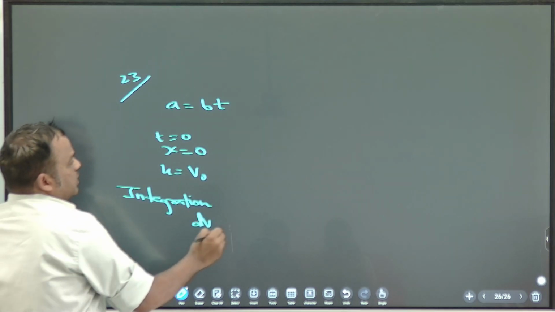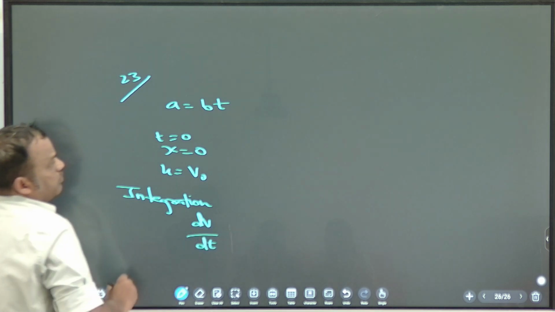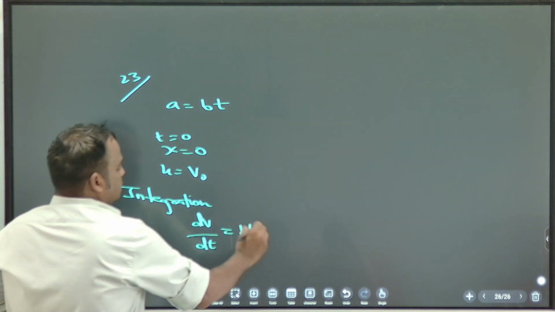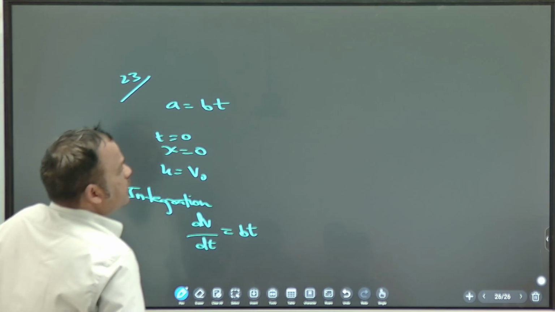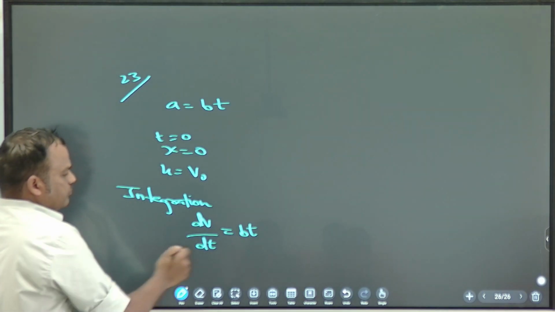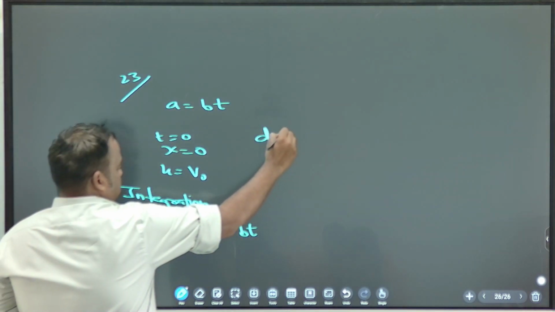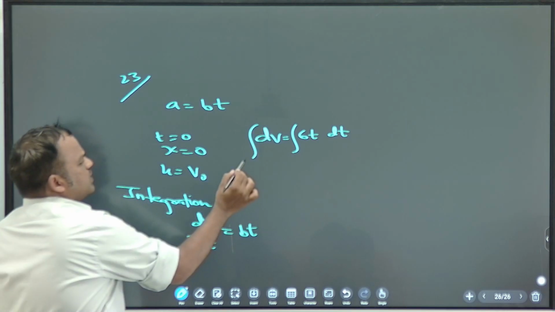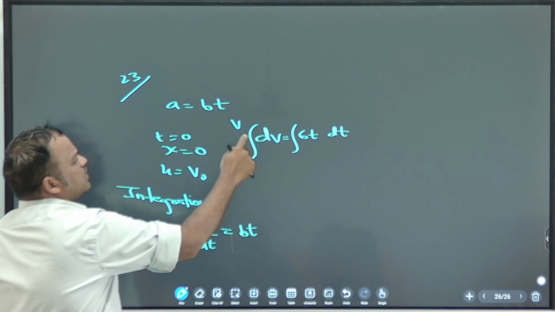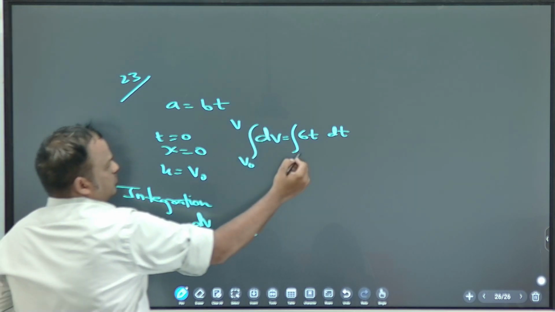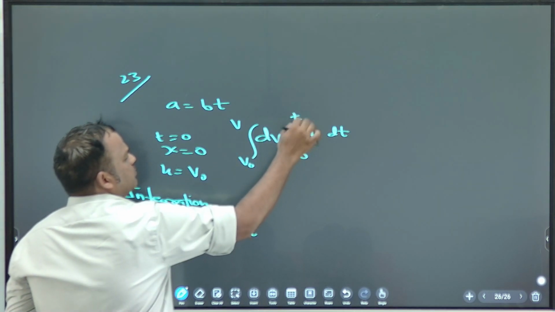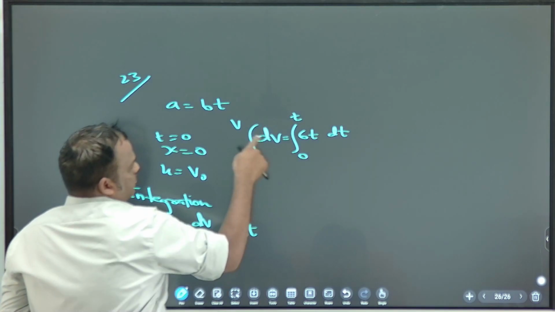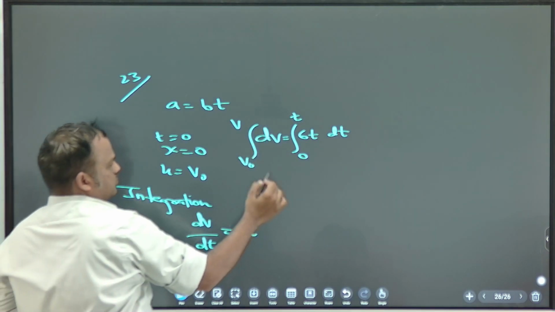Integration. How you start? dv by dt is equal to bt, and what is dv? 6t dt. Understood? Now integrate. What is initial velocity? V naught. After time t, what is the velocity? V. Initial time 0, after time t. So dv, what is the integration?